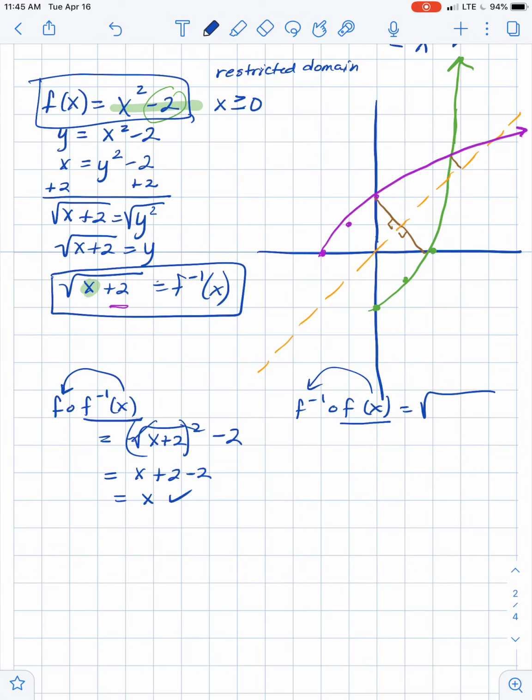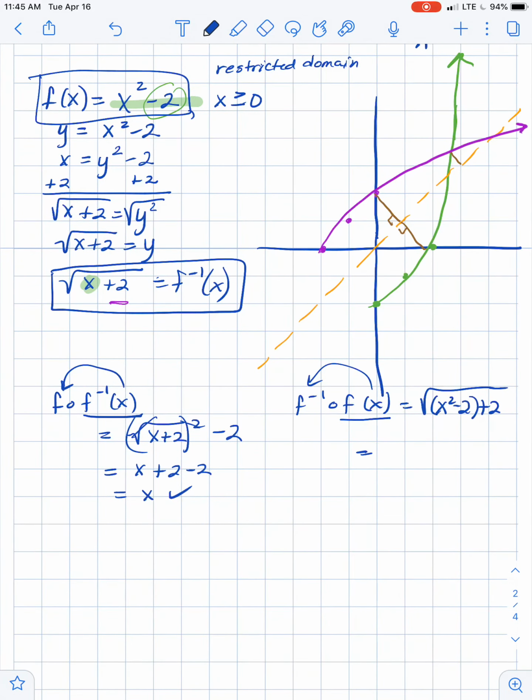So I'm going to have the square root of x squared minus 2 plus 2. And when I simplify that, again, these are going to cancel. I've got the square root of x squared, which is x, which works. Okay? So that is doing a quadratic to a square root.